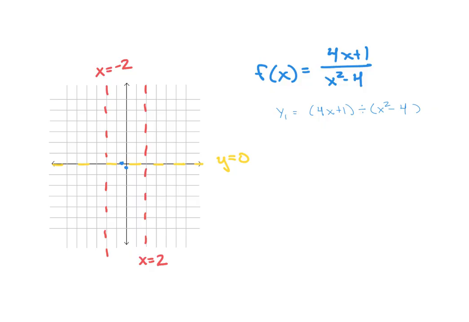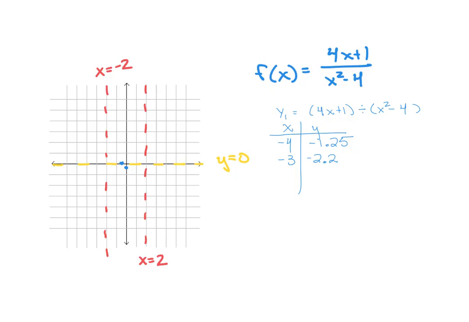And when I do this, negative 4 gives me a fairly nice point. It's negative 1.25. And when I plug in negative 3, I also get a fairly nice point. It's negative 2.2. Okay, I don't mind if you use decimals.